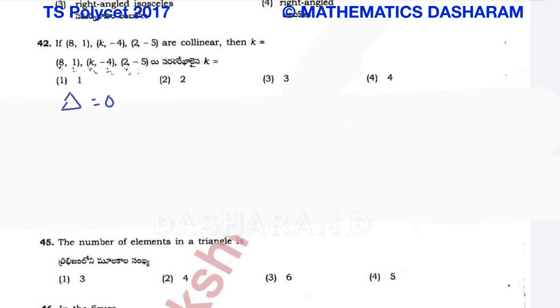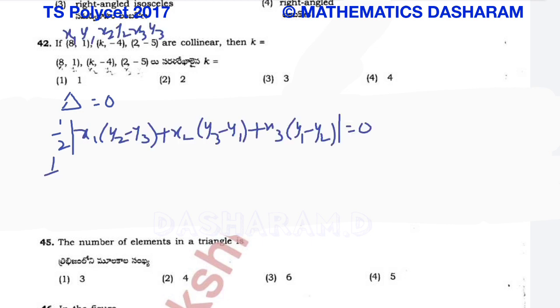So the area of a triangle is 1 by 2 mod x1. So 1 by 2, here 1 by 2 transposes to the RHS. So x1 that is 8, y2 that is minus 4, y3 minus 5, so minus of minus plus 5.